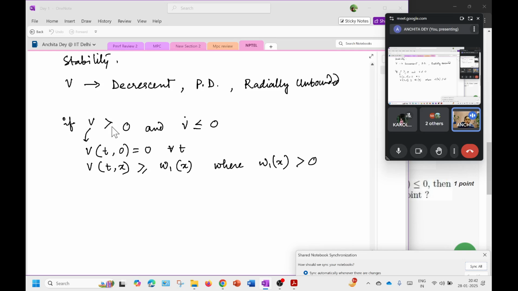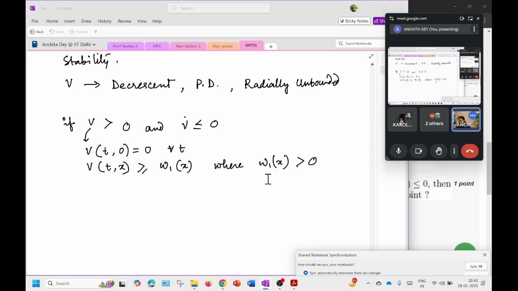To ensure that V is positive definite, you have to check that V of t comma 0 should be 0 for all t. Right now you don't worry about t, and then the definition remains the same, and V of t comma x should be greater than or equal to W1 of x. So what is W1 of x? W1 of x is another positive definite function.